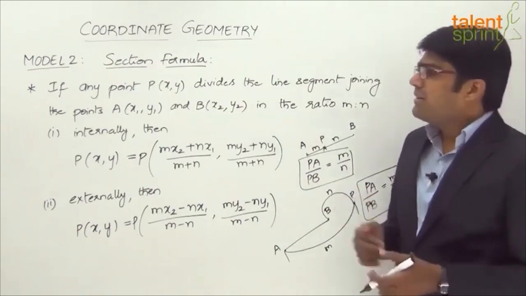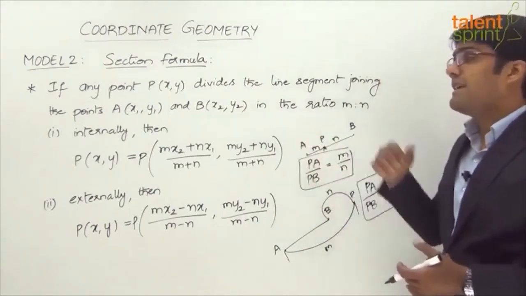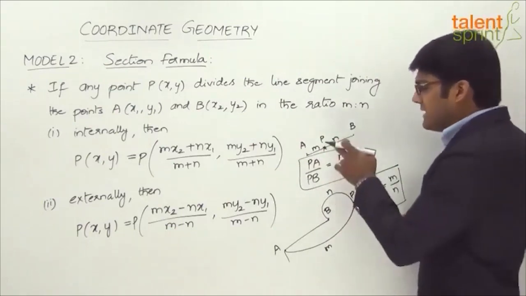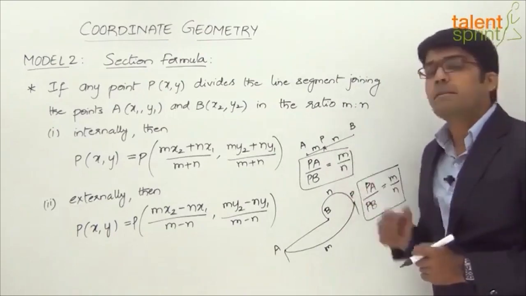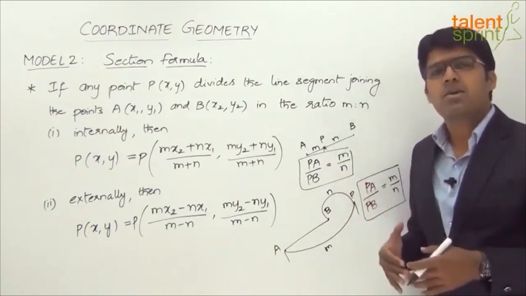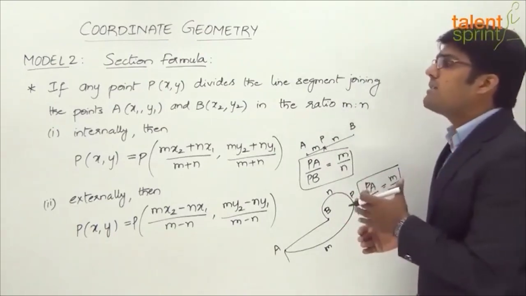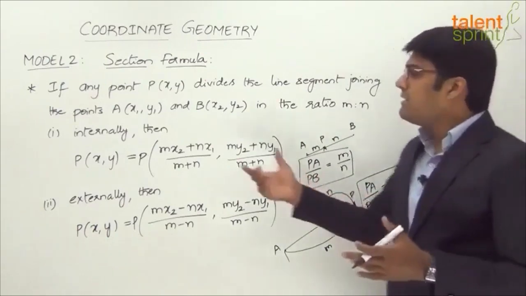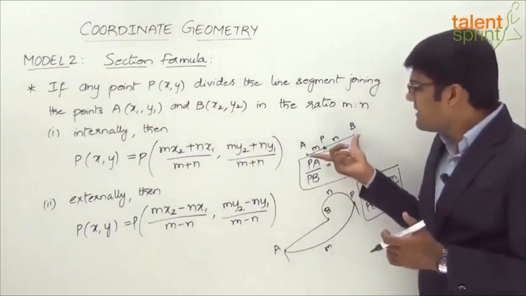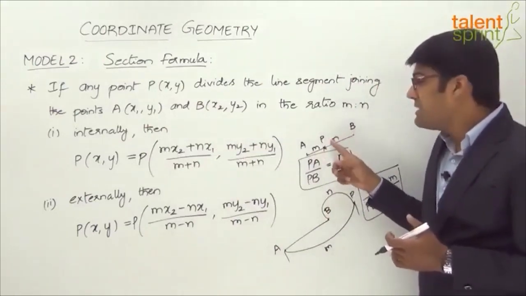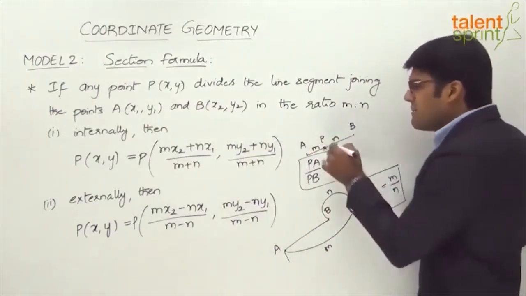Now the other point which we can understand from this statement is the case when P divides in the ratio m is to n internally and P is the midpoint. The question says that P is the midpoint of the line segment joined by the 2 points A and B. If P is the midpoint, what does it mean?